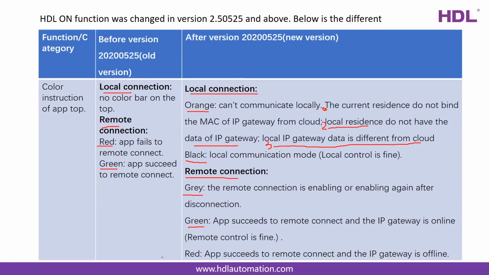If there is a red color bar on the top, that means the app succeeded in remote connecting, but the IP gateway is offline. So if it shows red on the top, that means you cannot remote control. That is about the color bar on the top.